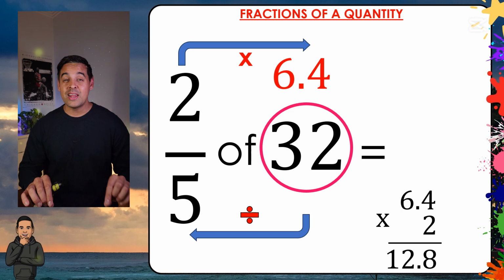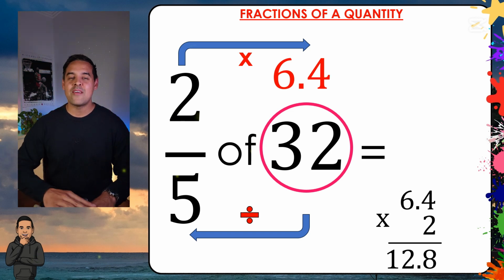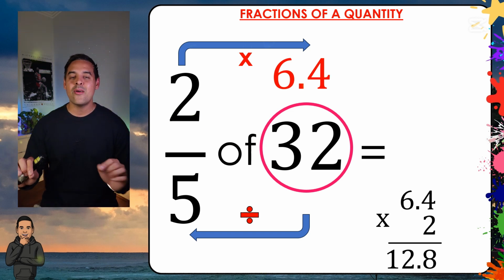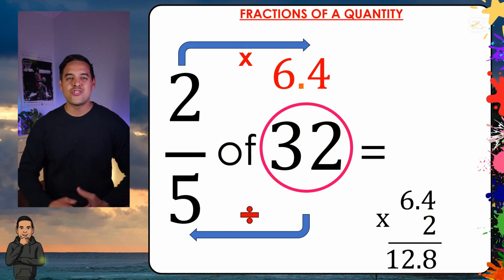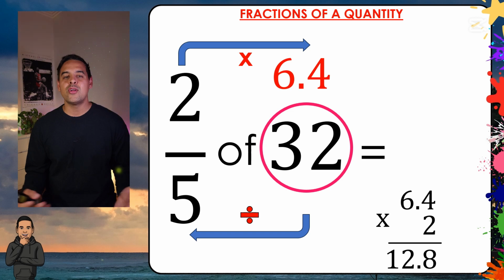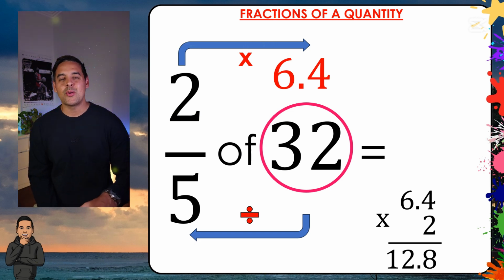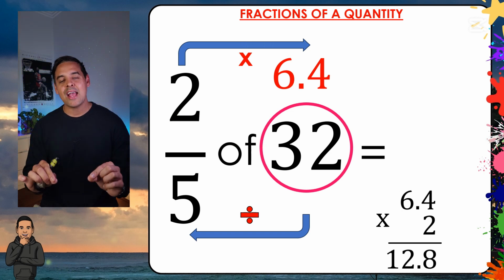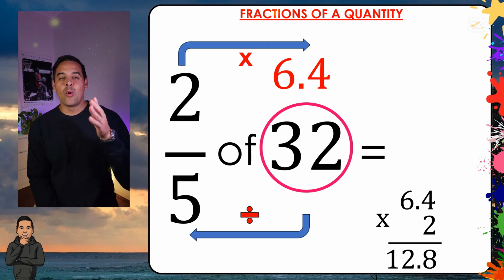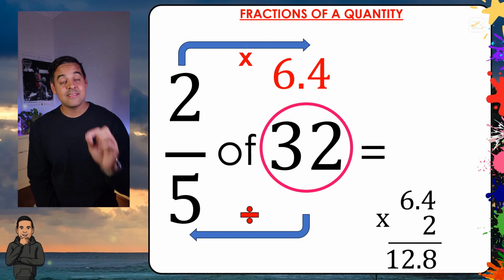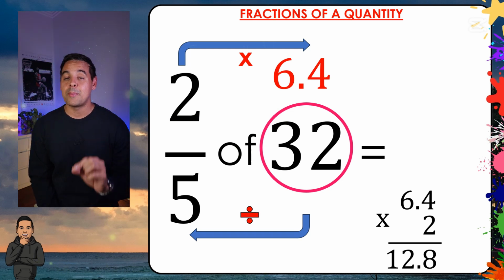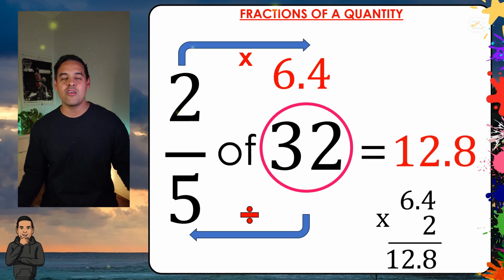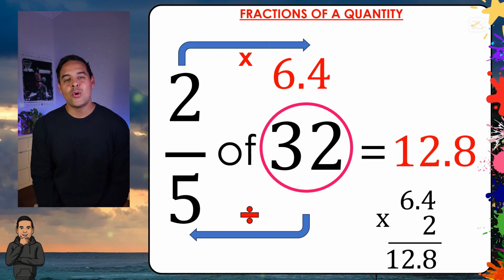But if you want to be really careful and make sure you don't have any silly errors, I highly recommend you get used to showing your working out. It can't hurt taking maybe 15 to 20 seconds longer to work out your question in order for it to be accurate and correct. So we have identified that 6.4 multiplied by 2 is going to be 12.8, and that's going to be your answer.